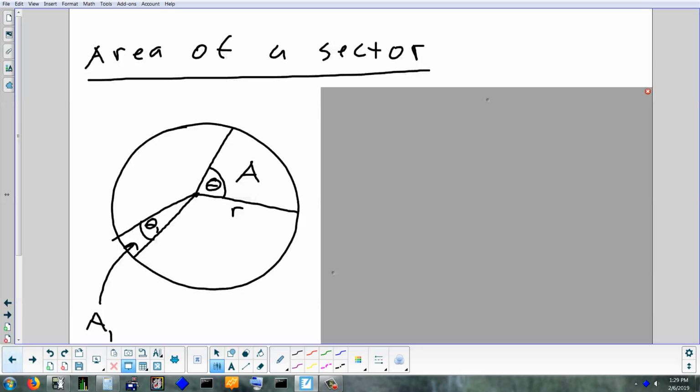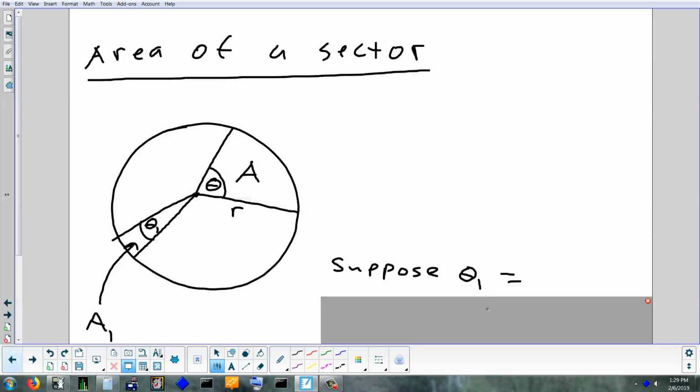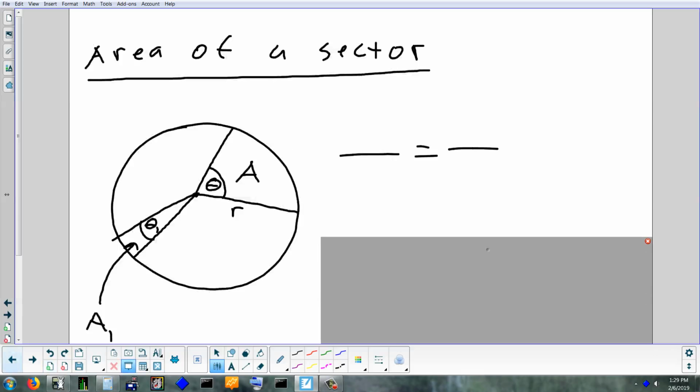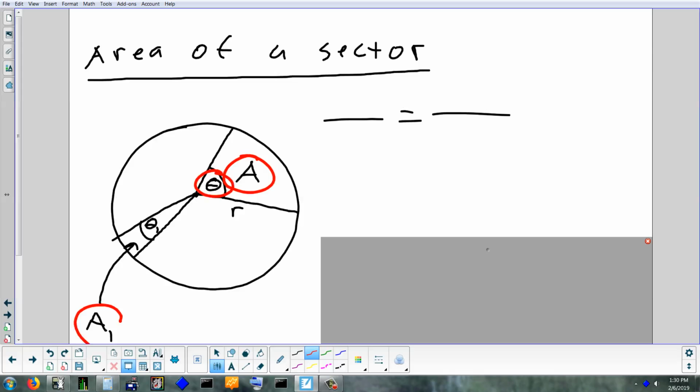So again, we can set up a proportion. So let's do that. I've got four spots in the proportion, and I've got four things I need to plug in: A, theta, A1, theta 1. There are lots of ways to set it up, as long as you set it up the same way on the left and on the right.